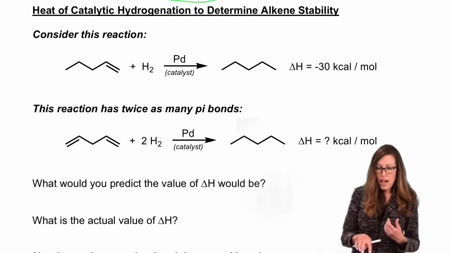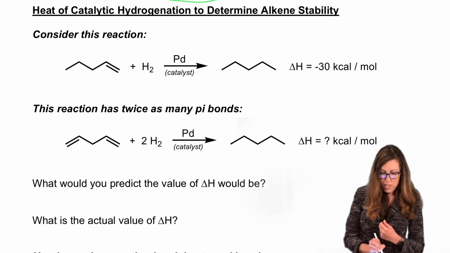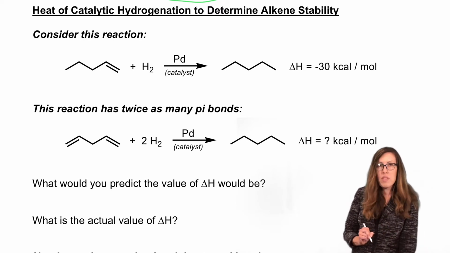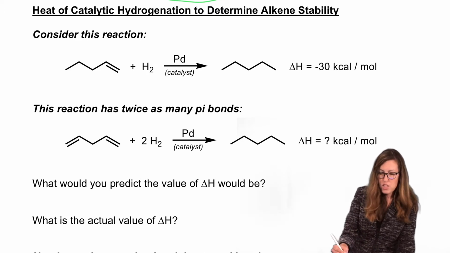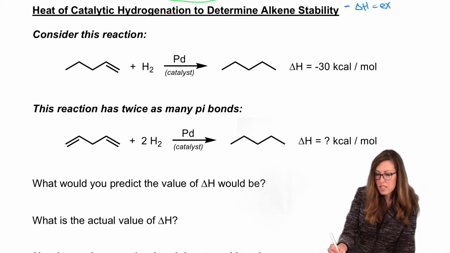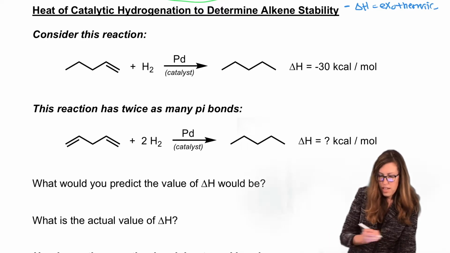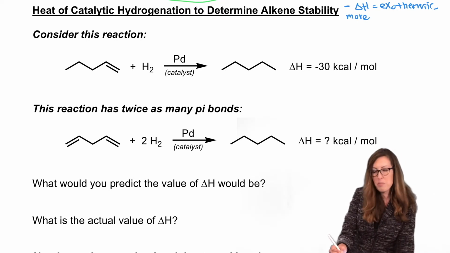You should have a little background from general chemistry to recall what enthalpy is. Remember, that's the heat of a reaction. And so, just a really crude overview, if we have a negative delta H, that means we have an exothermic reaction. And obviously if it's not negative, it's not exothermic. But remember, it can get confusing when you have big numbers versus small numbers, negative sign versus positive sign.